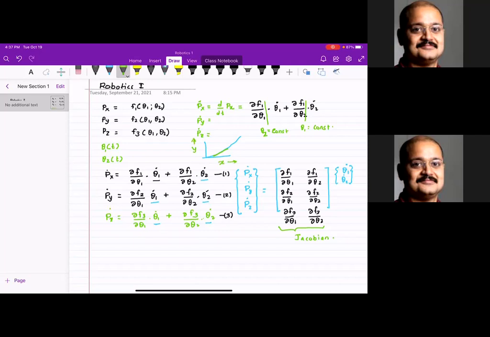So y is a function of x. But in the case of Jacobian, this concept of derivative is extended when you have two or more independent variables. So think about it. If your y is dependent on x and z, the total change in y will be contributed by some change in x and some change in z. Everyone understood this?